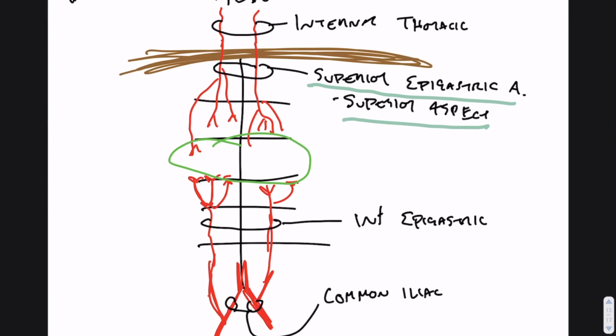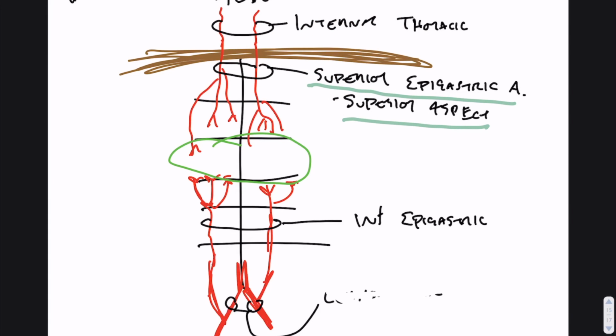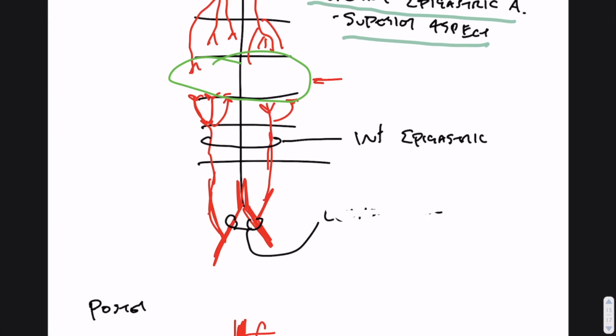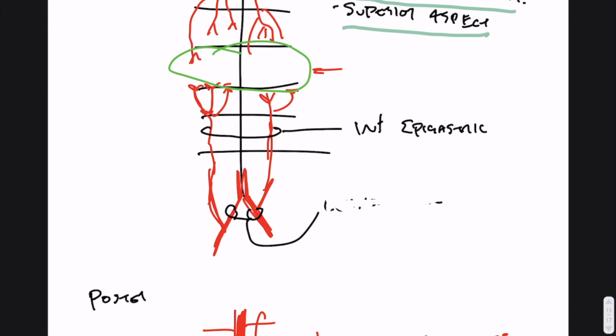If we're looking at the inferior part, we have inferior epigastrics, and where this green circle is, there's a collateral circuit between inferior and superior epigastric. Those inferior epigastrics come off of the external iliac artery. So there's the internal iliac going into the pelvis.